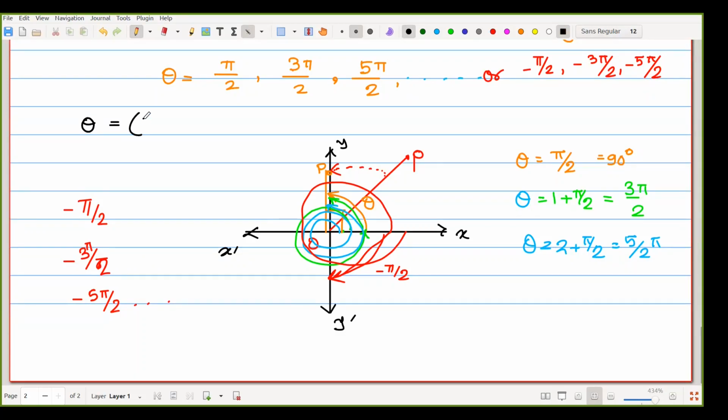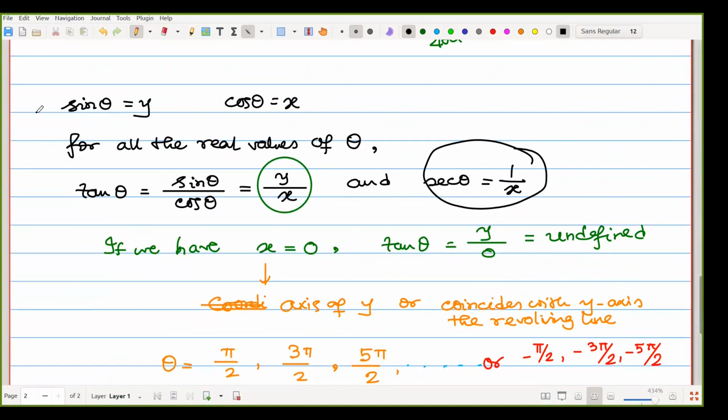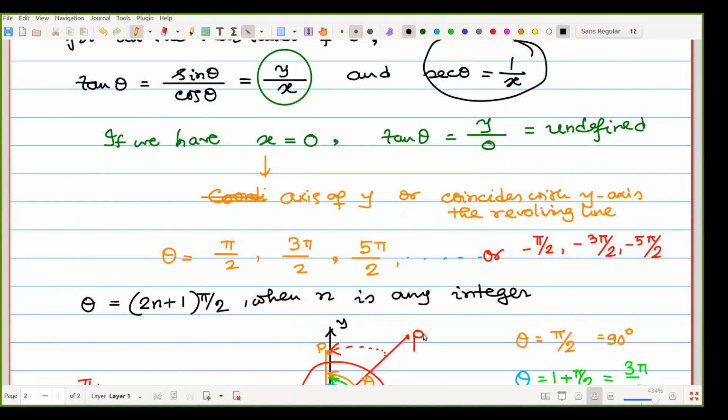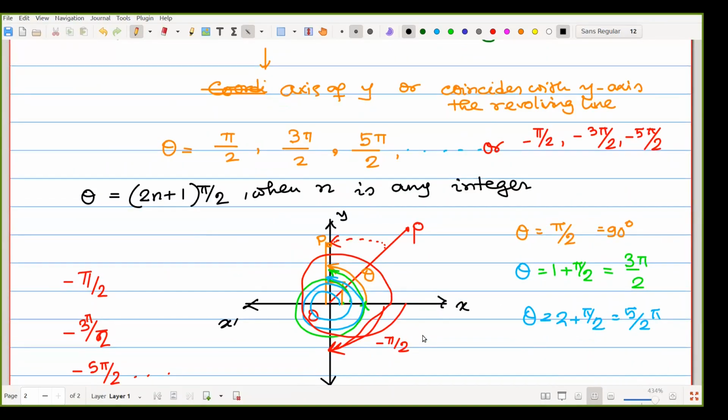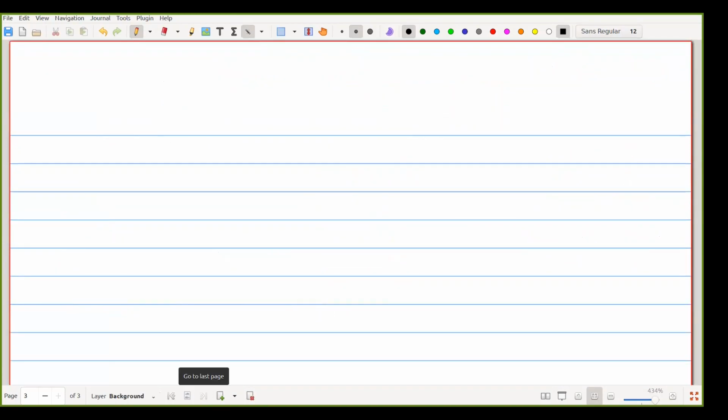So whatever we can say, theta may be 2n plus 1 into pi by 2, where n is any integer. What we want to say is that this is only for the case when the revolving line is on the y-axis, for which we are trying to find out the value of tan theta.